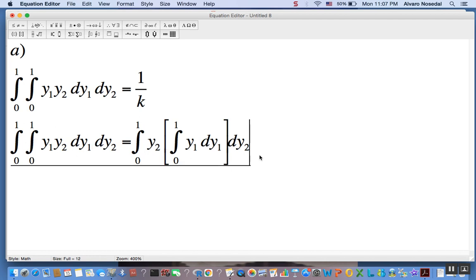Now that integral is something easy, right?